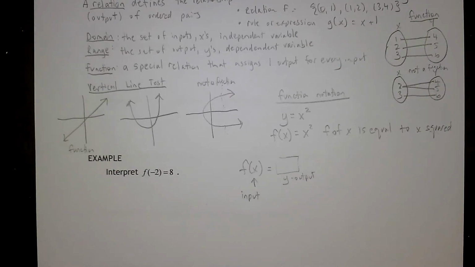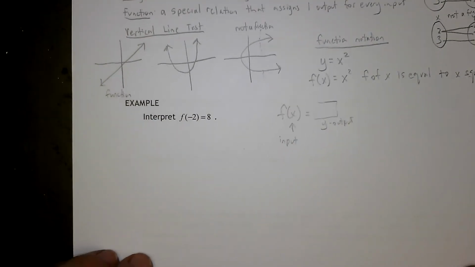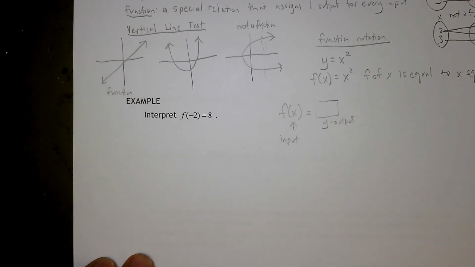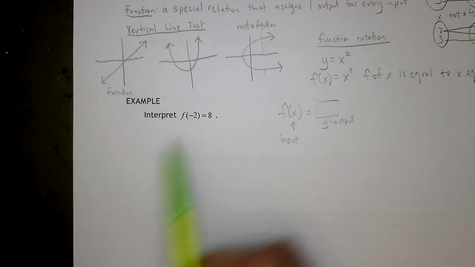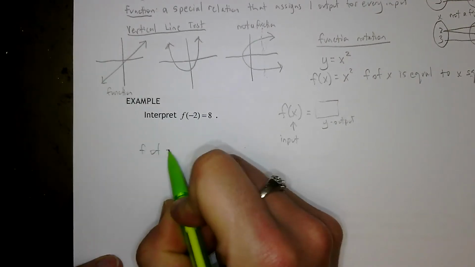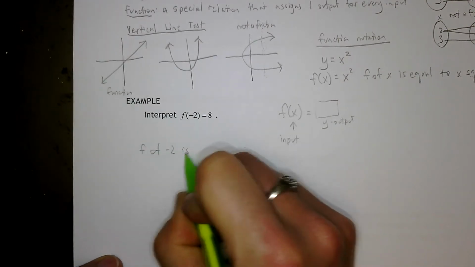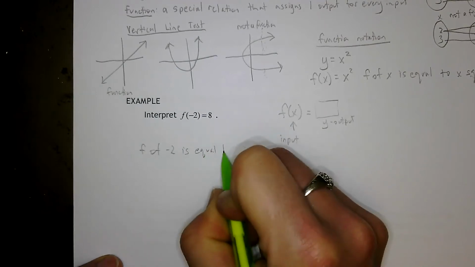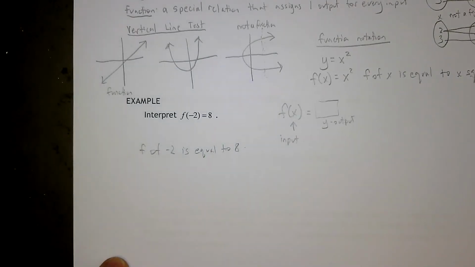So let's look at this first example, and we are on page 33 in your workbook. It says, interpret this. Now we read this as f of negative 2 is equal to 8. So what this says is, in this function, negative 2 is an input.